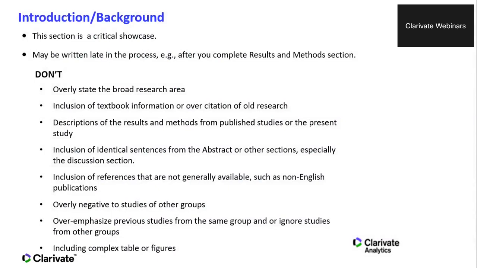Because it is a critical showcase which persuades the reader to read further, it should be relatively short. Typically, many journals recommend it to be less than 500 words, and it should highlight why the author carried out the research, providing the background the reader needs to understand and judge the paper.